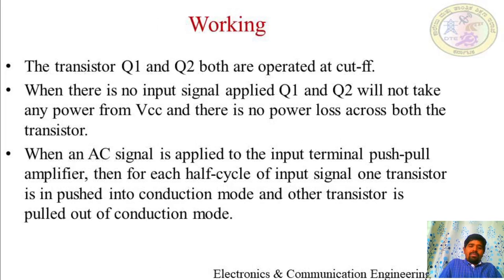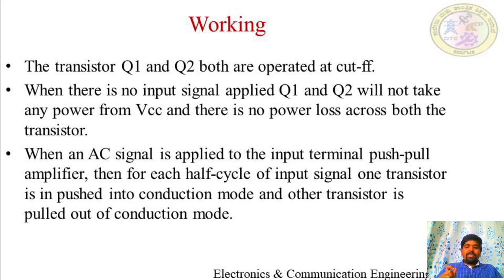Now we will discuss the working principle, how exactly it works. Transistors Q1 and Q2 are both operated at cutoff. That means they are class B amplifiers. Their operating point lies exactly at the cutoff region.